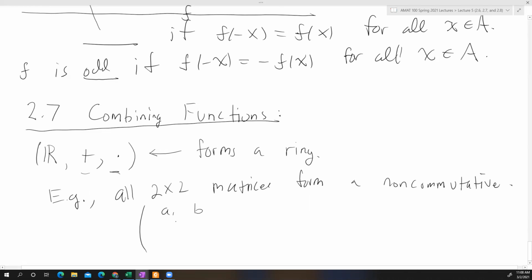So you have A1, B1, C1, D1, and how you multiply them is as follows. So I'm going to take two matrices and multiply them. So you go across the row and down the column. Then you do this sort of product here. This is just a rule, and you can kind of stare at it for a bit and you'll understand what's going on.